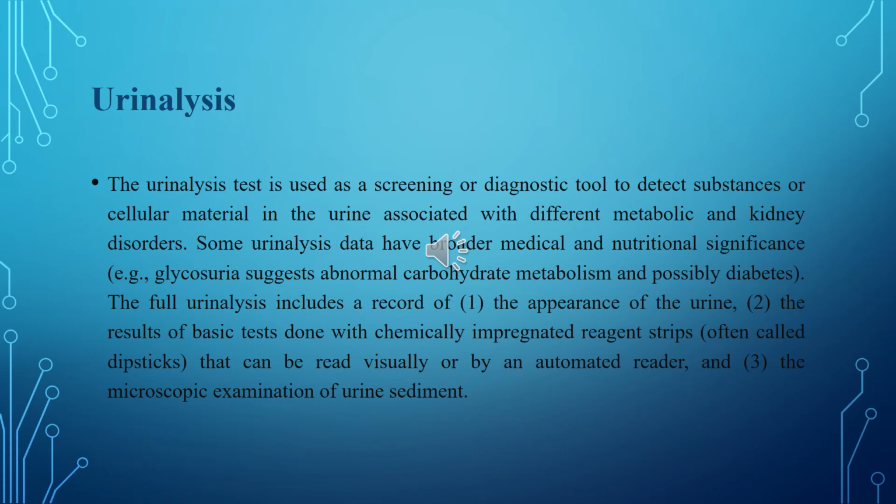In case of kidney diseases, or to diagnose metabolic disorders or diabetes, urine analysis is an important tool. In urine analysis we check pH, protein, glucose, ketones, blood, and bilirubin. In pH, if the person is using a high protein diet or has acidosis, for example uncontrolled diabetes or starvation, the pH is acidic.